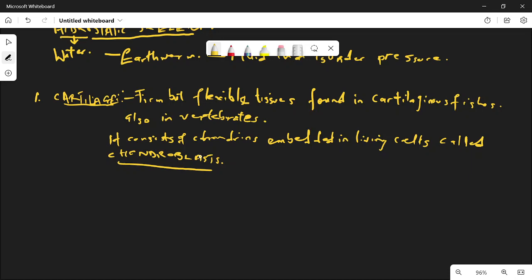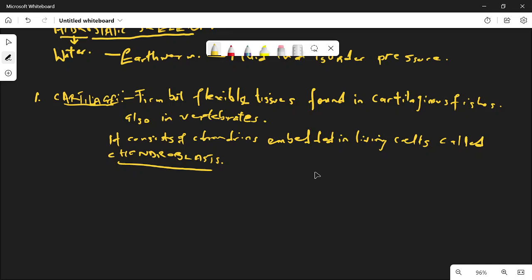Chondrins that are what? Embedded in living cells. In the chondrins we have living cells called the chondroblasts. So that is that about the cartilage.